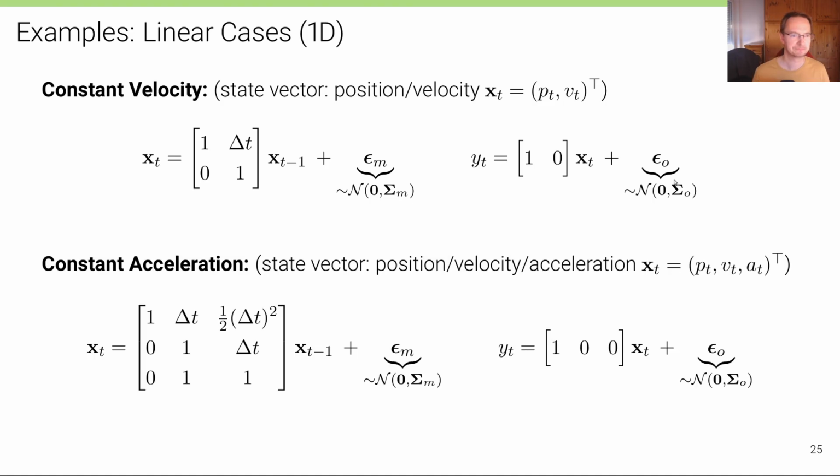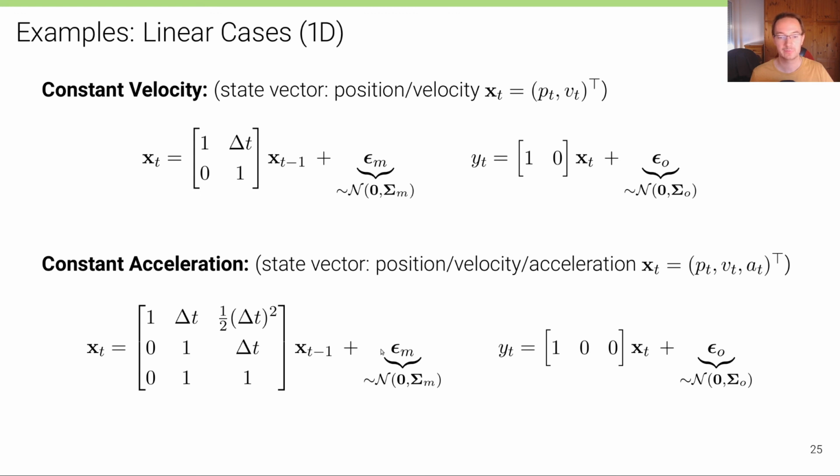I will fix that. And similarly, we can define a 1D example with constant acceleration, where now the state vector includes position, velocity, and acceleration. And the state transition happens with this 3x3 state transition matrix.